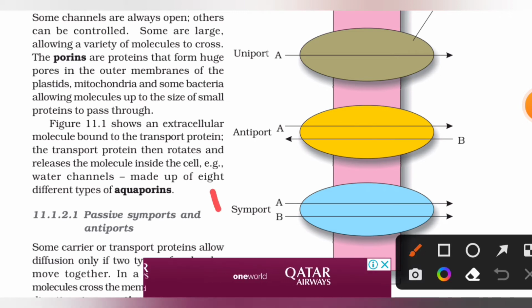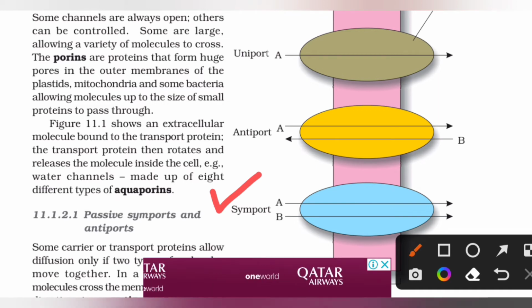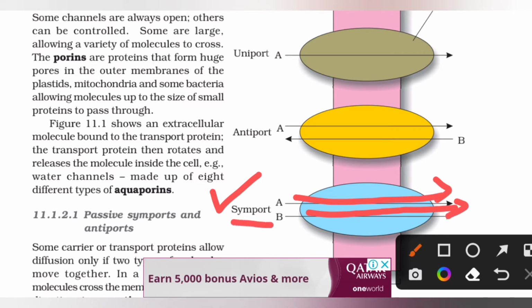The last one is symport, where both the molecules are crossing the membrane in the same direction. See here, both of them are moving in the same direction, and hence this process is called symport. This can be seen in sodium and glucose co-transportation.